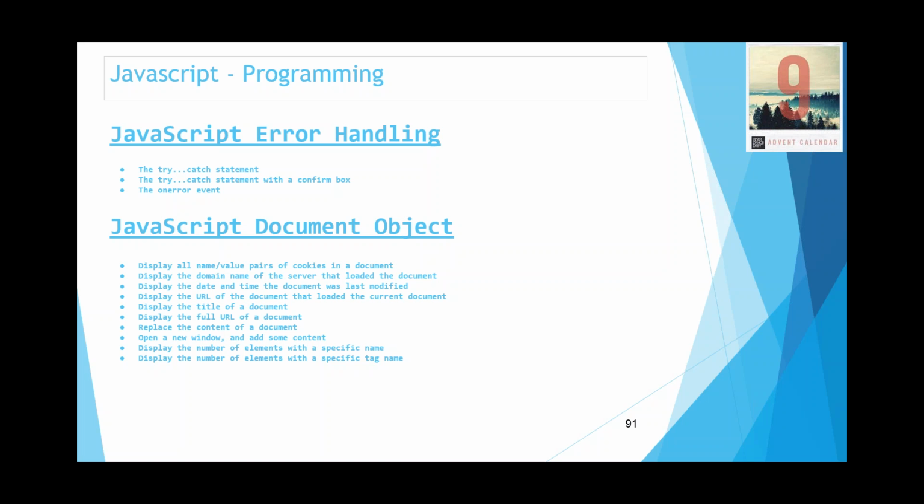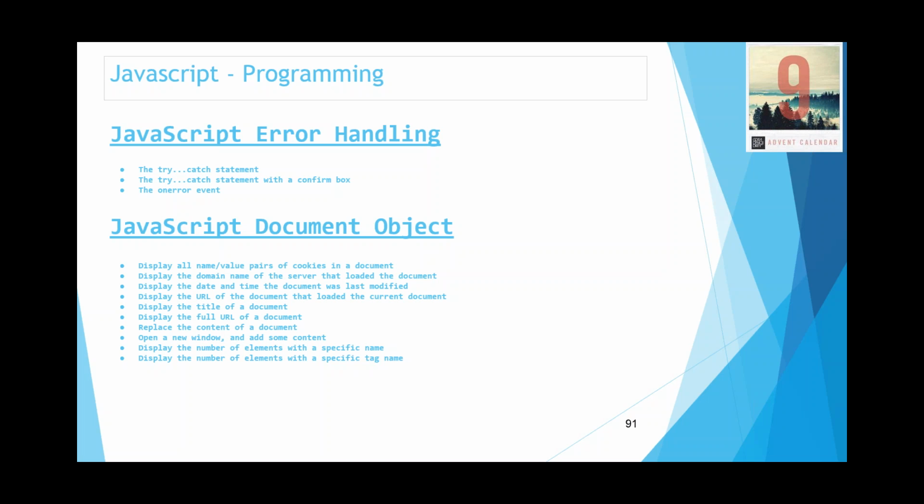So this entire DOM you can parse, and once this document is parsed, it will give you a document object in return. Using this document object, you can get name value pairs of cookies in the document, and the domain name of the server that loaded the document.